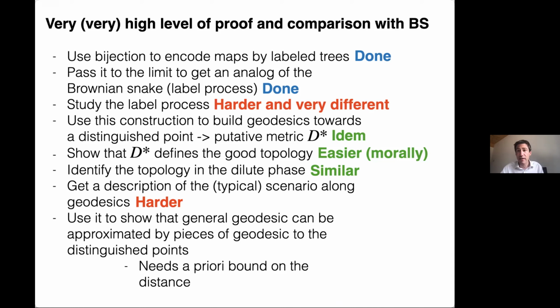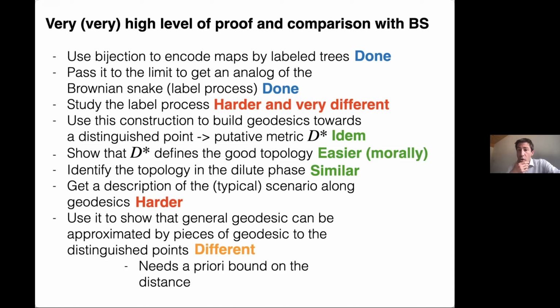This is harder in our context because the objects are harder. Now we want to use this description of geodesics to do surgery along typical geodesics and replace pieces of typical geodesics by pieces of geodesics towards the distinguished point. And this is really different; we are using new ideas there.